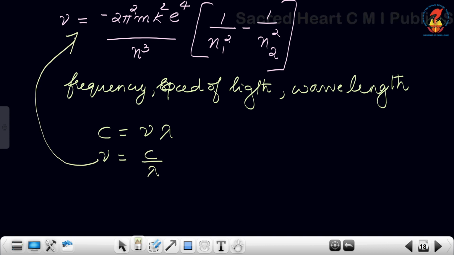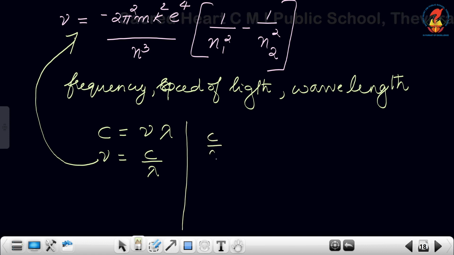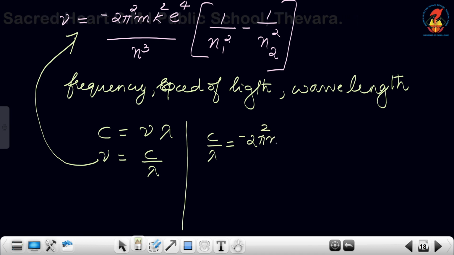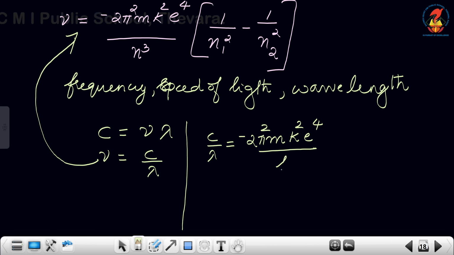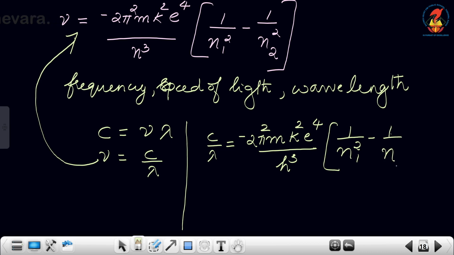Substituting the value of nu in the above equation, we get C by lambda equal to 2 pi square m k square e raised to 4 divided by h cube into 1 by n1 square minus 1 by n2 square.